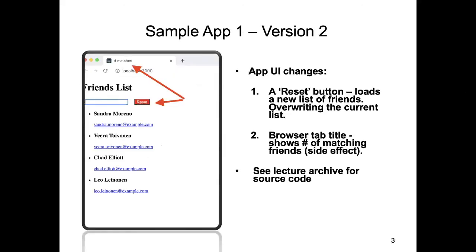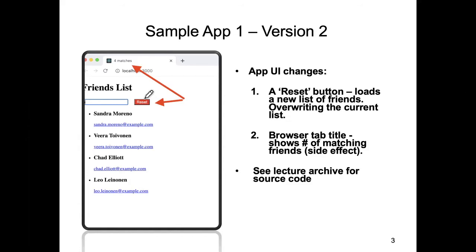So what I've decided to do, to complicate things, is the following. I'm sticking with the same sample app, but I've added in two features. One is a reset button, and the idea is when the user clicks the reset button, I want to grab 10 more friends from the web API.